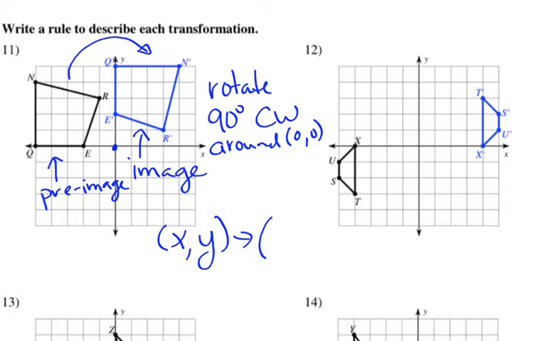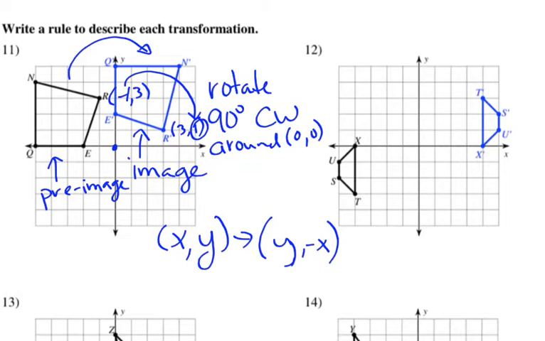Let's actually look at R. R goes from -1, 3 to 3, 1. So they do switch places, and it looks like the -1 became +1. So in the last position, it has to change signs. So this ends up being (y, -x).